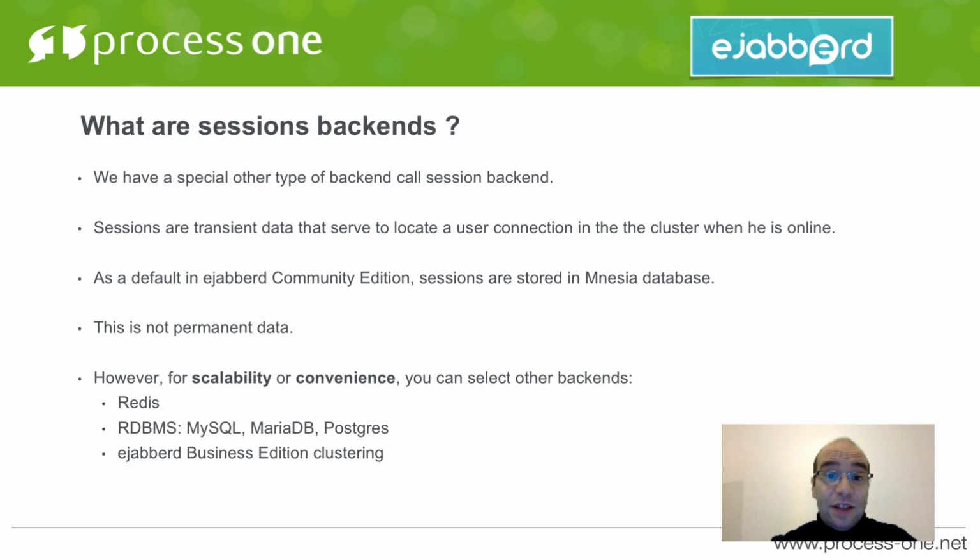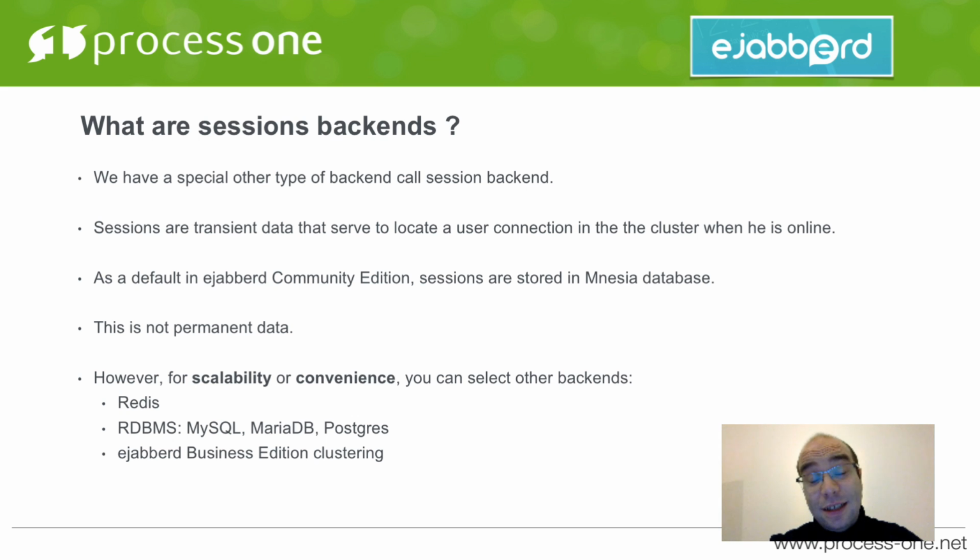So you may have a 10-node ejabberd cluster, you're connected on node 1 and you want to talk to a user. ejabberd will need to know: first question, is the user online? And if the user is online, on which node in the cluster is the user connected? It will use that information to route the message that you're sending from node 1 to the node the user is actually connected on.